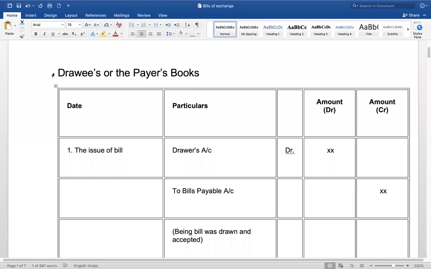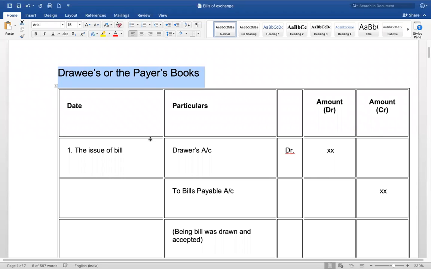Right now, in the books of drawee, the drawee is the one who has to make the payment. The drawee is the one who purchases the goods, right? So drawee and payer are the same. In the books of the payer, the drawee, look at this.